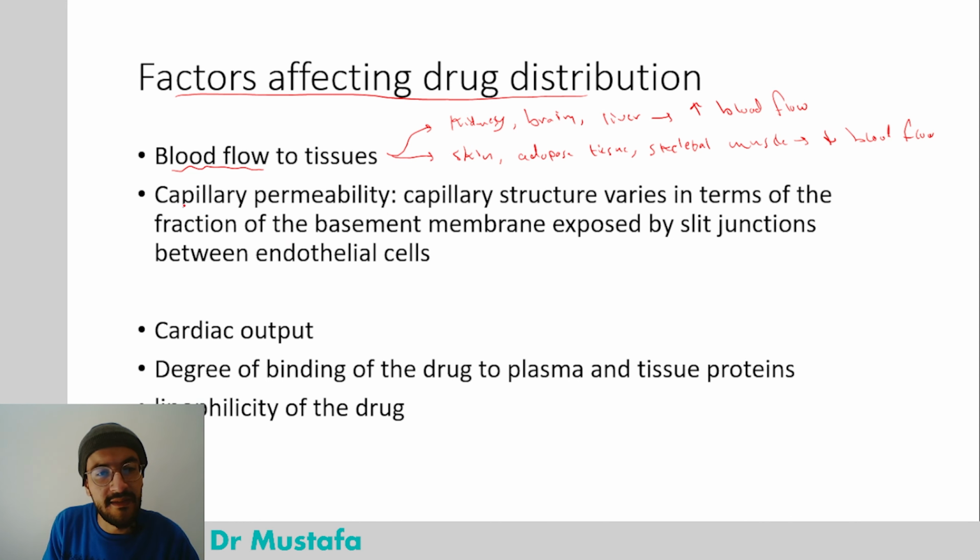We also have capillary permeability. The capillary structure varies in terms of the fraction of the basement membrane exposed by slit junctions between endothelial cells. That means sometimes the capillary structure has a lot of slit junctions, and sometimes it has few slit junctions.